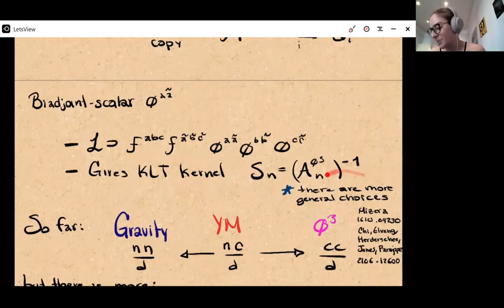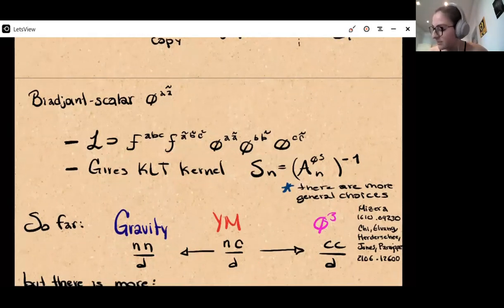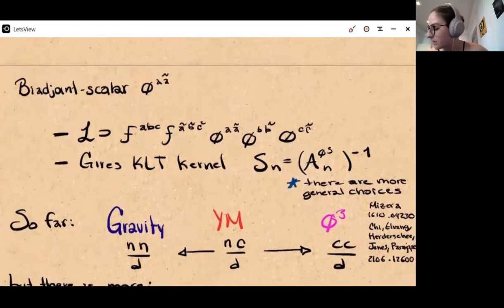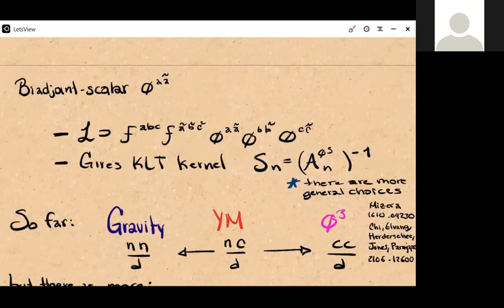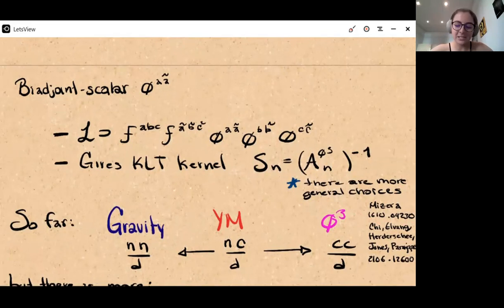And probably an important comment here is that this KLT kernel being given by this bi-adjoint theory is not the only option. There's a paper that was shown by Nicera in 2016 that there's also a generalization for a KLT kernel with a different scalar field theory for the string theory case. So this is like the stringy KLT kernel.